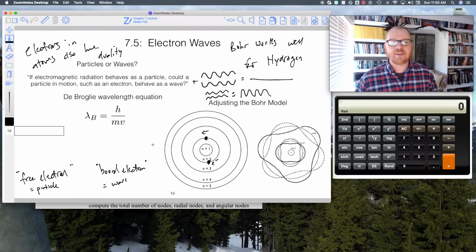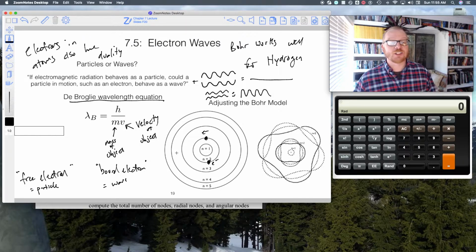And the waves of these orbits are given to us by the de Broglie wavelength equation. Okay? And in the de Broglie wavelength equation, we still have Planck's constant h. Okay? But now this becomes the mass of the object in question, and this becomes the velocity of the object in question.